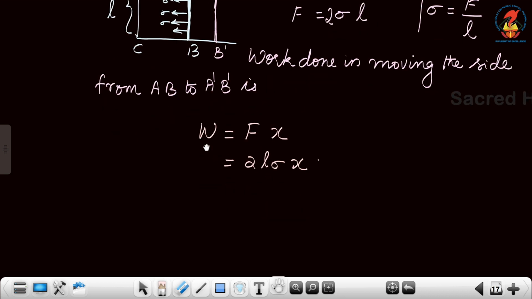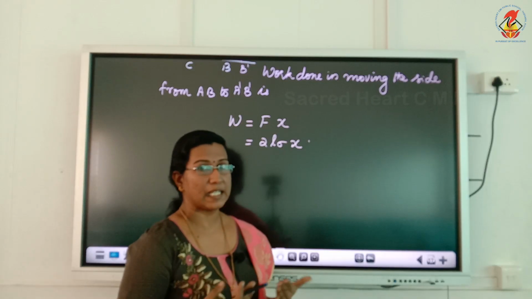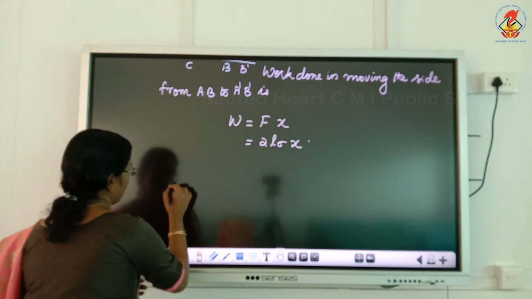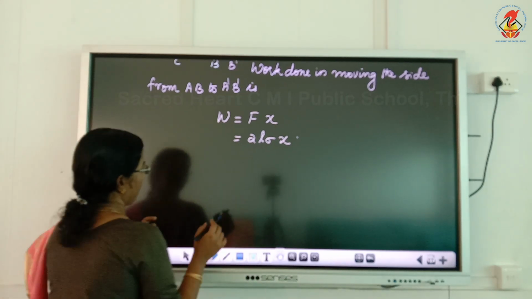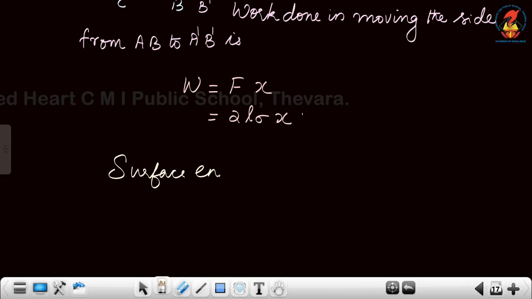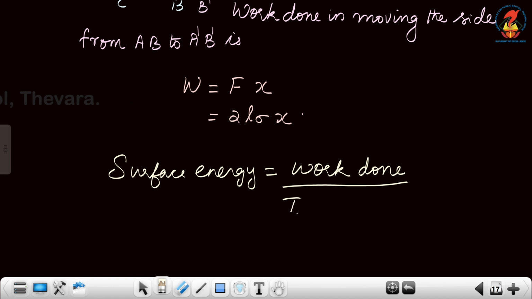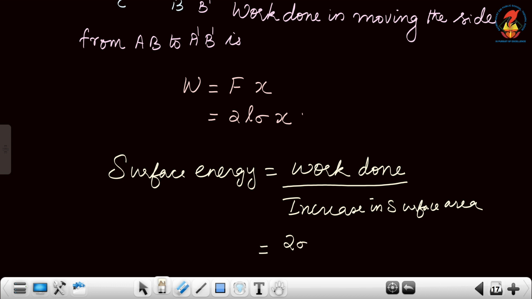Now the equation for surface energy is work done divided by increase in surface area, isn't it? So surface energy is equal to work done divided by increase in surface area. The work done is 2 sigma Lx, and what is the increase in surface area?